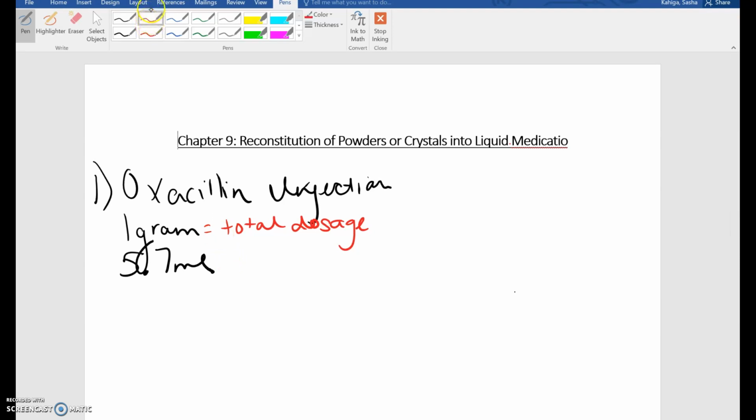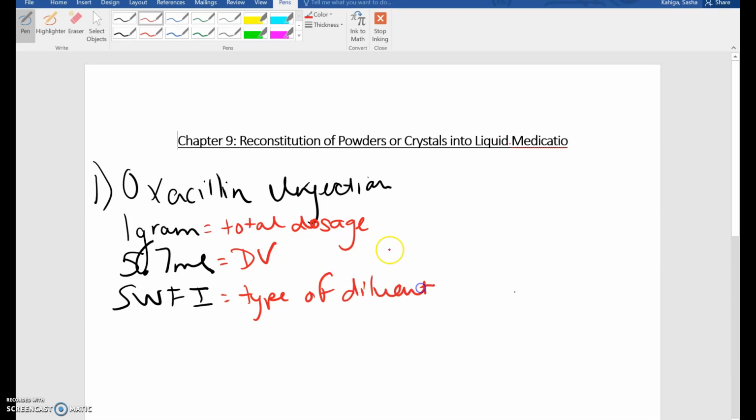So in detail, that 5.7 milliliters is the diluent volume. The sterile water for injection, that's SWFI, is the type of diluent that needs to be added.